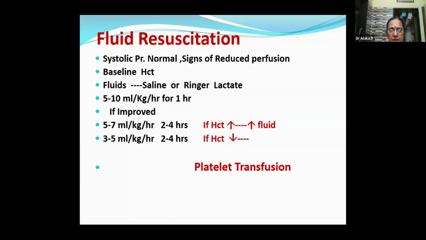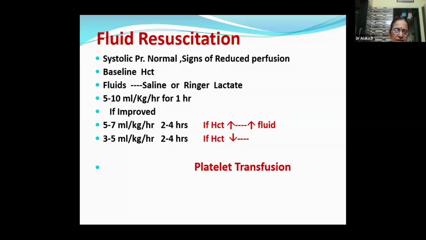If there is clinical improvement, then we can reduce the rate to 5 to 7 ml per kg per hour, which we can give over 2 to 4 hours. After that, we can give 3 to 5 ml per kg per hour for the next 2 to 4 hours. So we have to completely hydrate him and keep the hematocrit as normal as possible.